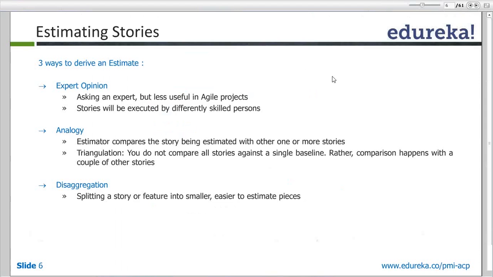Okay, now moving on, the third one is disaggregation. This is one technique which we use very heavily in the Agile method. It says that whenever you have a requirement, break it down to as granular a level as you can.